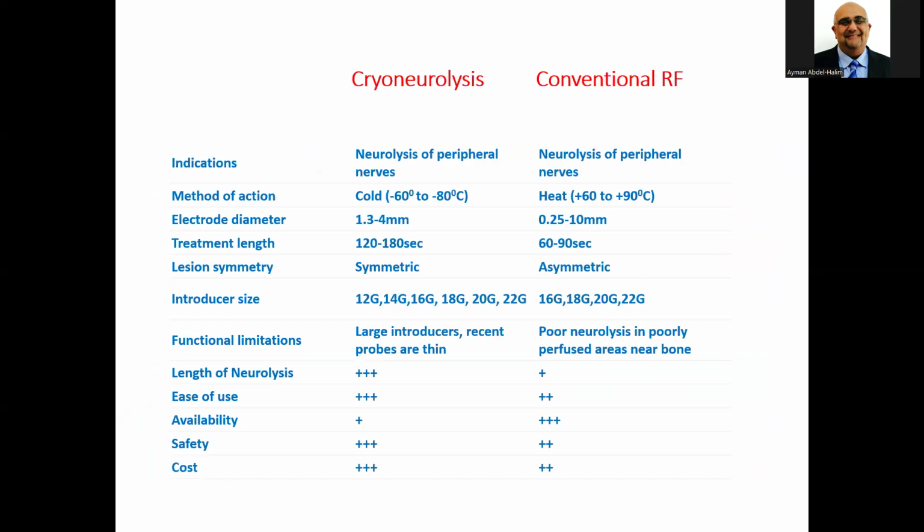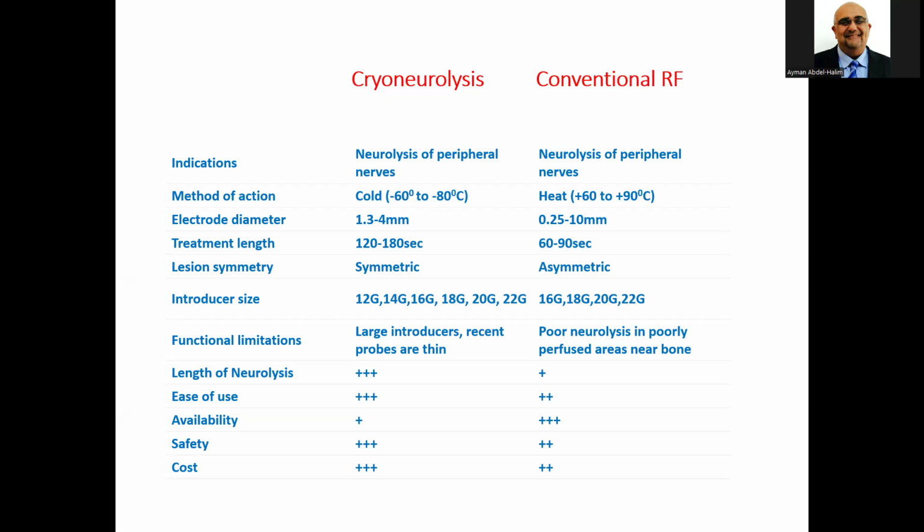With heat between 60 and 90, electrode diameter of 1.3 to 4. This one is 0.25 to 10. Treatment length is 120 to 180 seconds, so basically 2 to 3 minutes. And conventional radio frequency, somewhere between 60 to 90 seconds, so about 1.5 minutes.